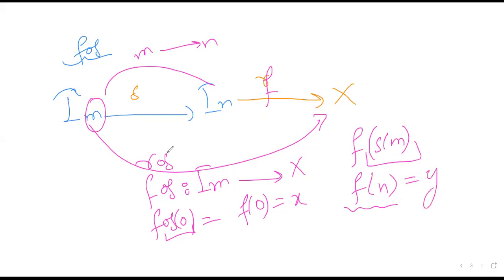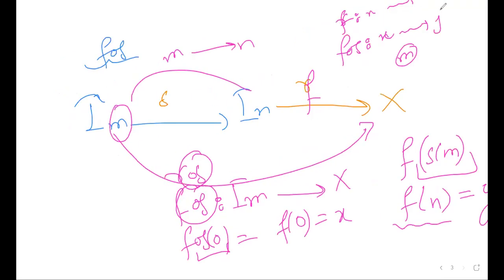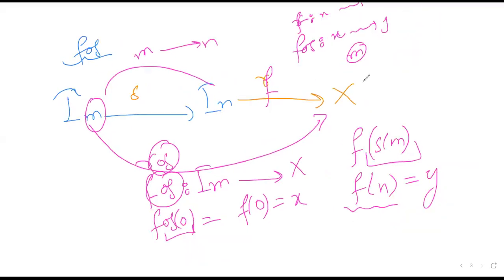So gamma composed with S, or f composed with S, is a path from x to y of length m, while f is a path from x to y of length n.